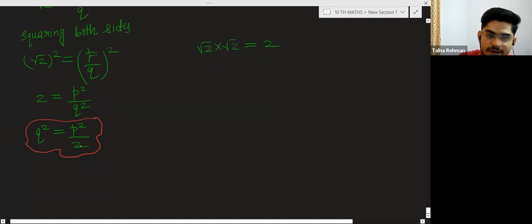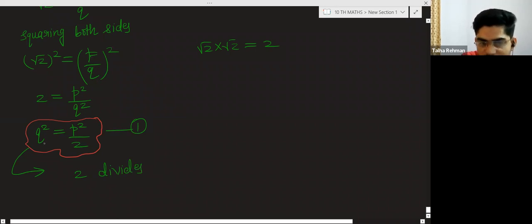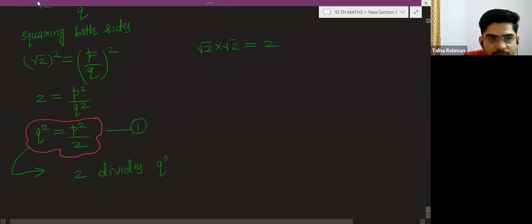From this equation number 1, I can say 2 divides P square. We are getting some integer value Q square after dividing P square by 2, which means 2 is dividing P square completely.